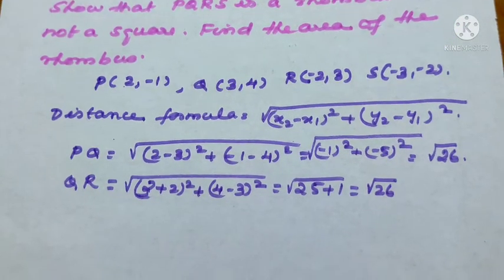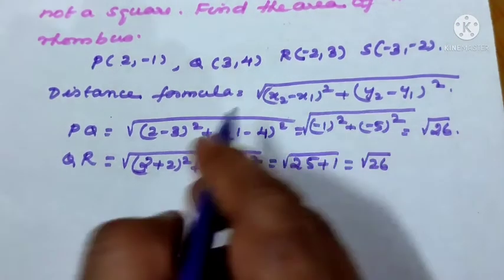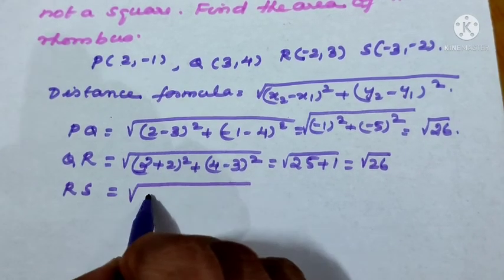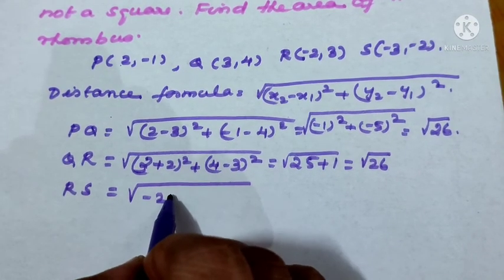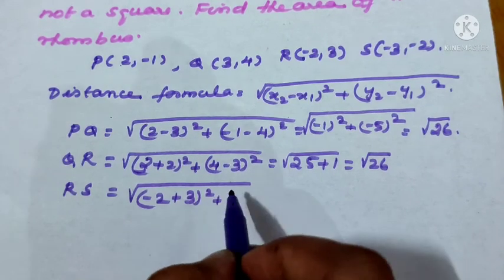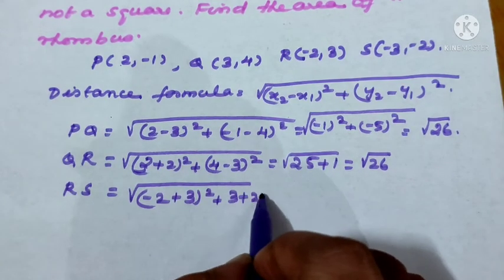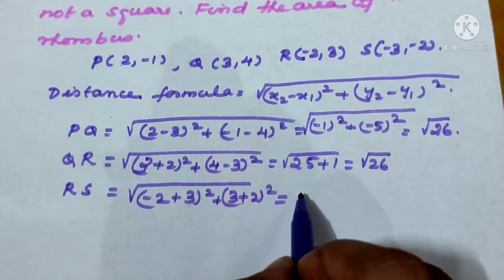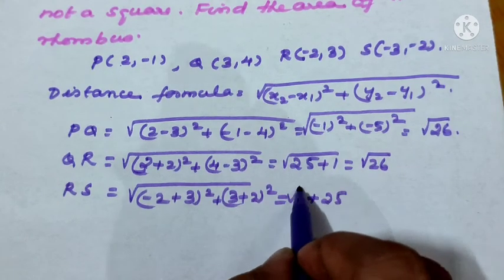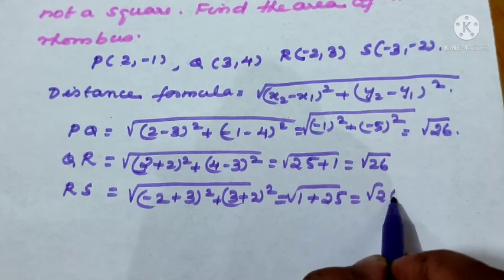Now similarly we can go for the other two sides. The next side is RS: (-2 minus 3), that is minus 5, whole square plus (3 plus 2) whole square. Again 25 plus 1 under the root, so 26.